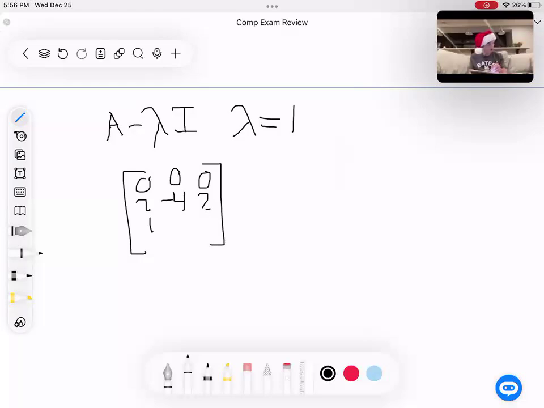This is going to be -2. No, this is not. This is going to be 1. I'm sorry. I'm looking at the wrong thing here. Pardon me. 1, -2, 1. Okay, sorry, we're back on track, right?